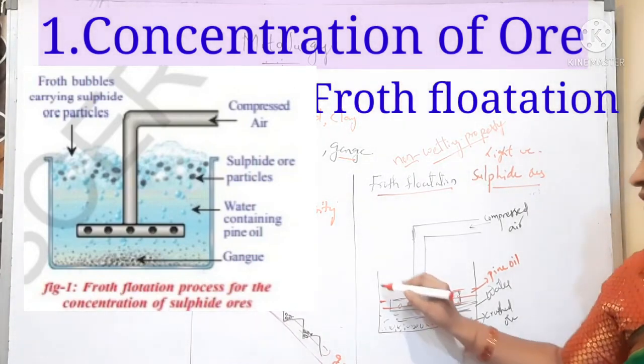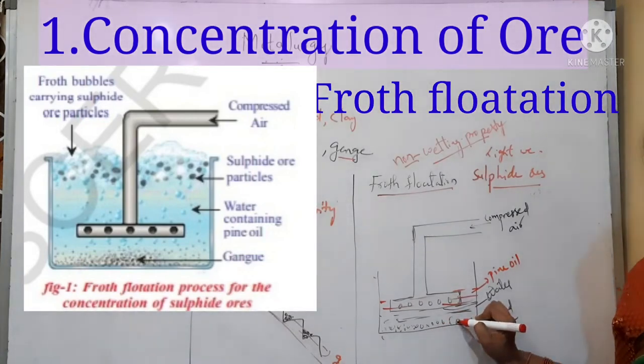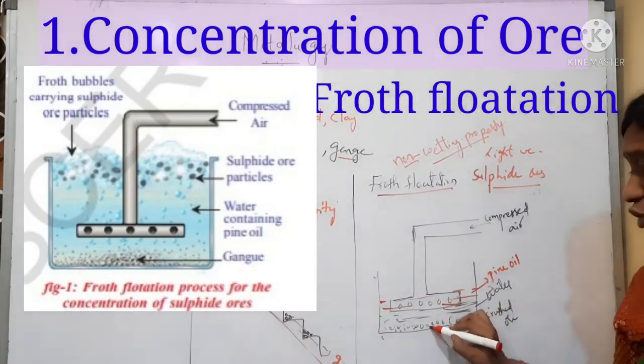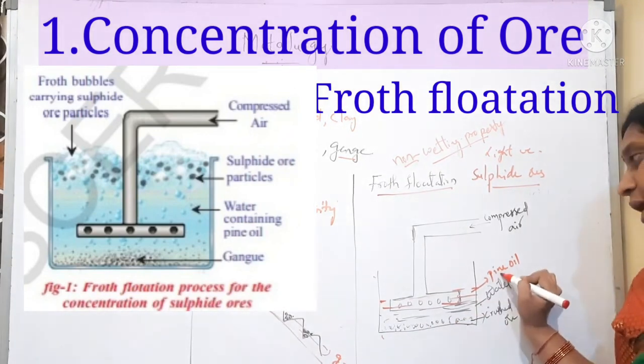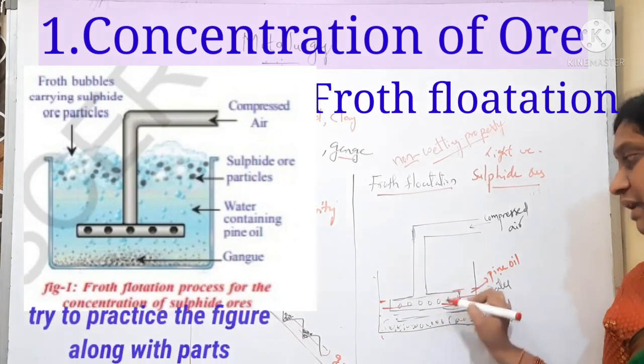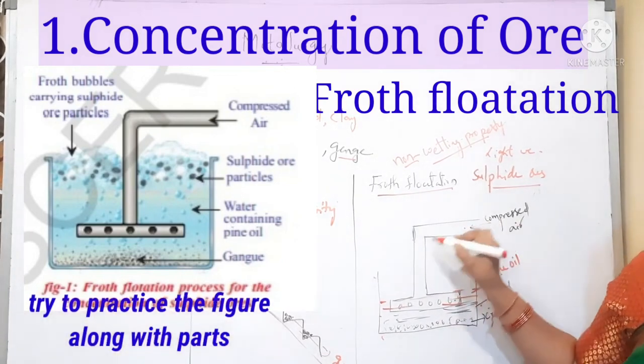In this process, take a beaker and place crushed ore with gangue particles or impurities at the bottom of the beaker. Then add water and pine oil. Then a pipe is fixed like this in order to blow compressed air.